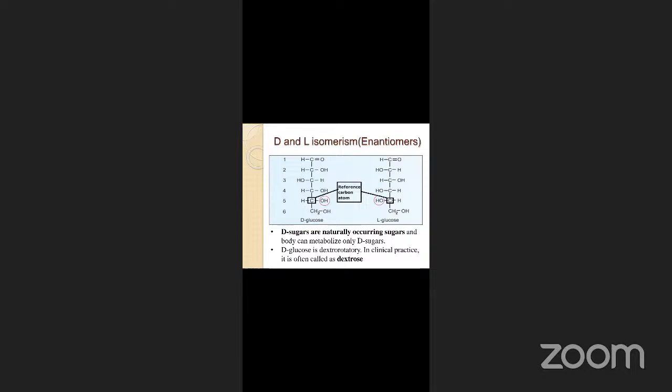So we call D sugars dextrorotatory and L sugars levorotatory. Hence, they are also called dextrose. You also represent dextrorotatory and levorotatory as plus and minus.